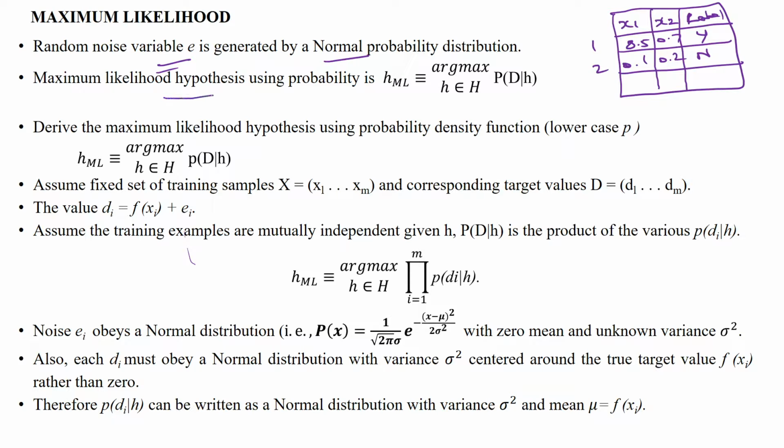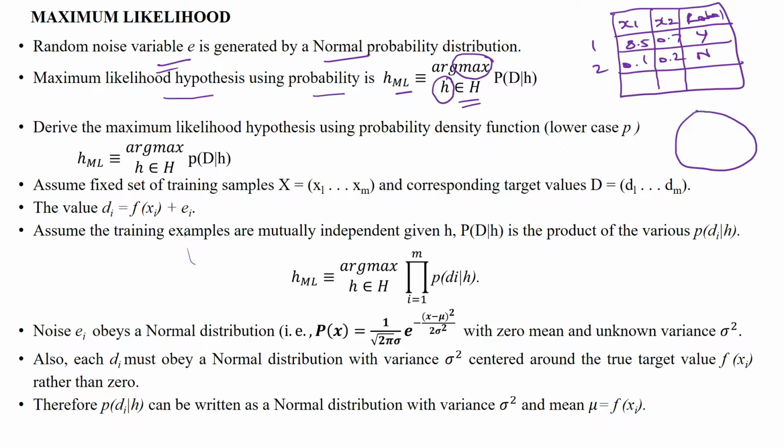The maximum likelihood hypothesis, H_ML, is chosen from the available n hypotheses using probability. From the hypothesis space we have to identify the maximum probability value, which is the optimal value.